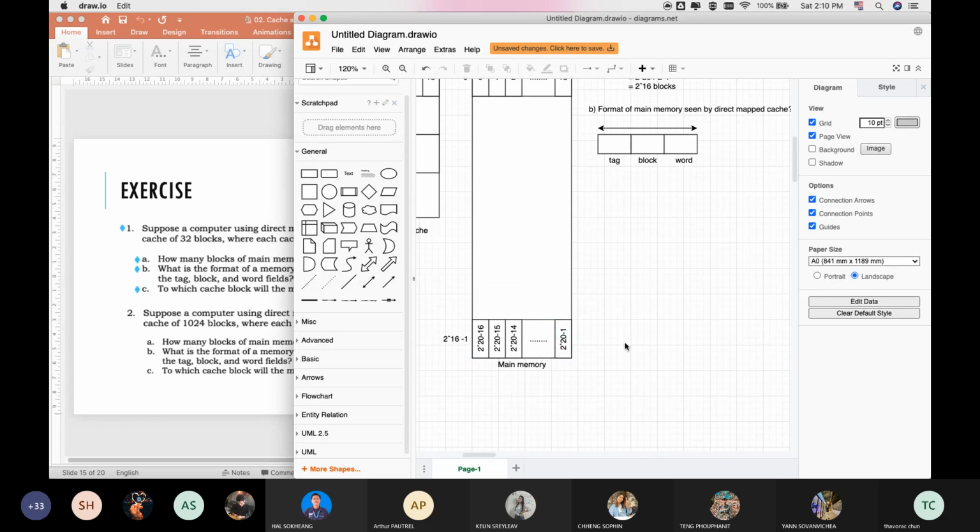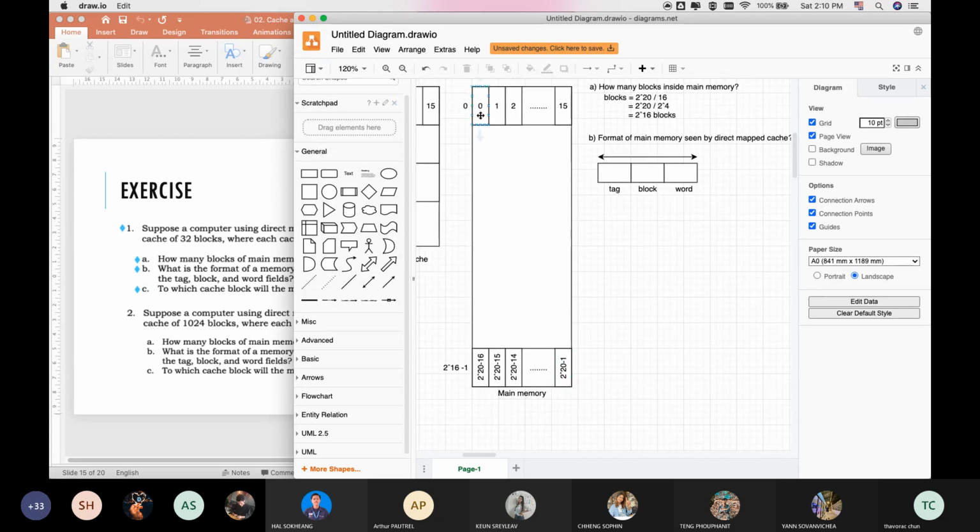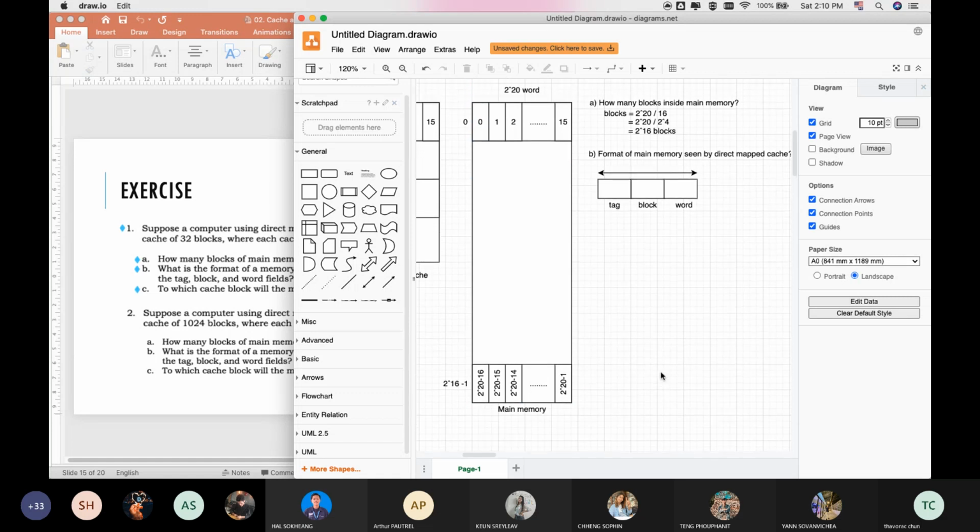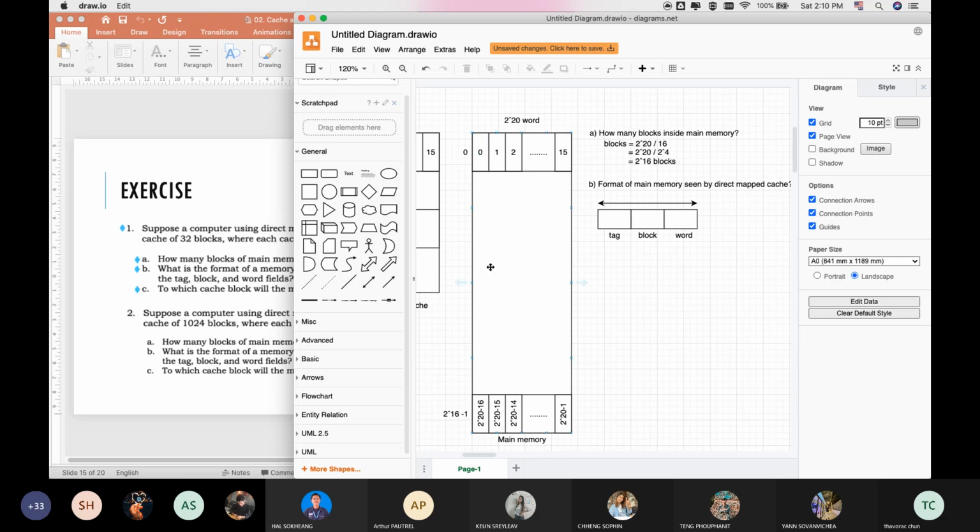And why minus 1? Because we have data starting from 0 here. Okay. So in short, inside our memory here, we have 2 power 20 words, and each word has one address.